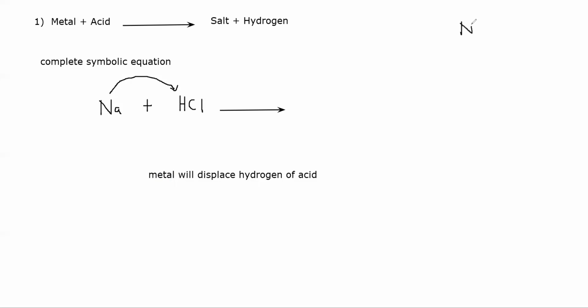So you have to work out the valencies. Sodium belongs to group 1, so valency is +1. Chlorine belongs to group 7, so valency is -1. You have to recall how to write a chemical formula according to the group number.